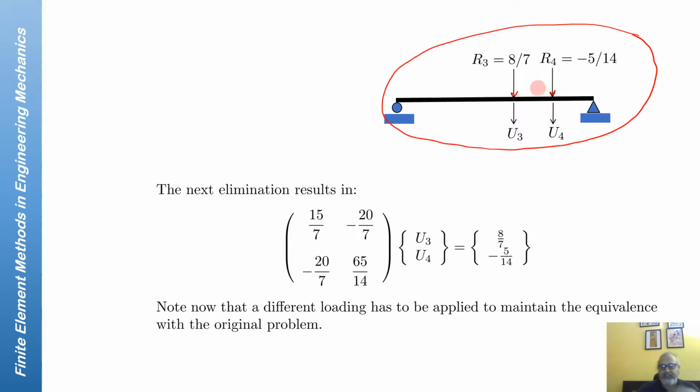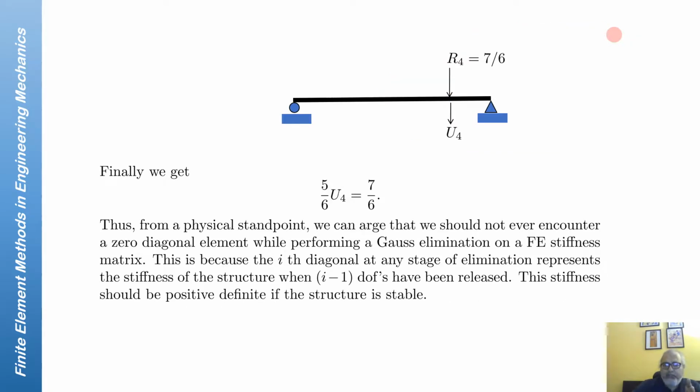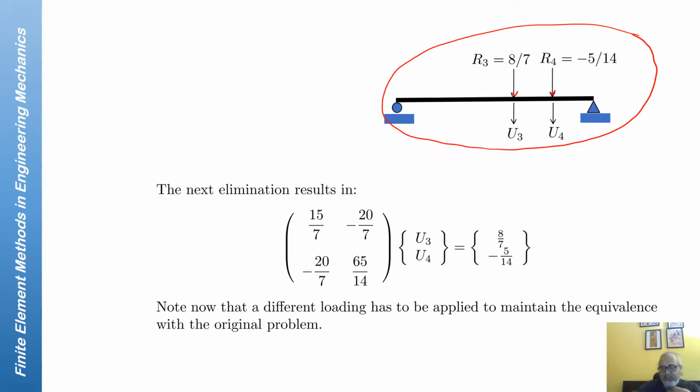For a stable structure, the stiffness matrix has to be non-singular, and for a non-singular matrix, we should not be encountering a zero in the diagonal ever. But that is if the structure is stable. This is true in finite element simulations of elastic systems.